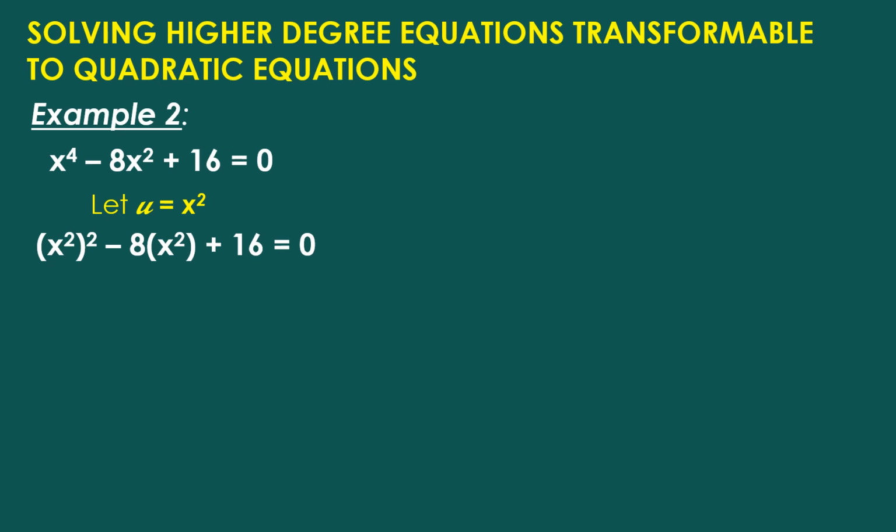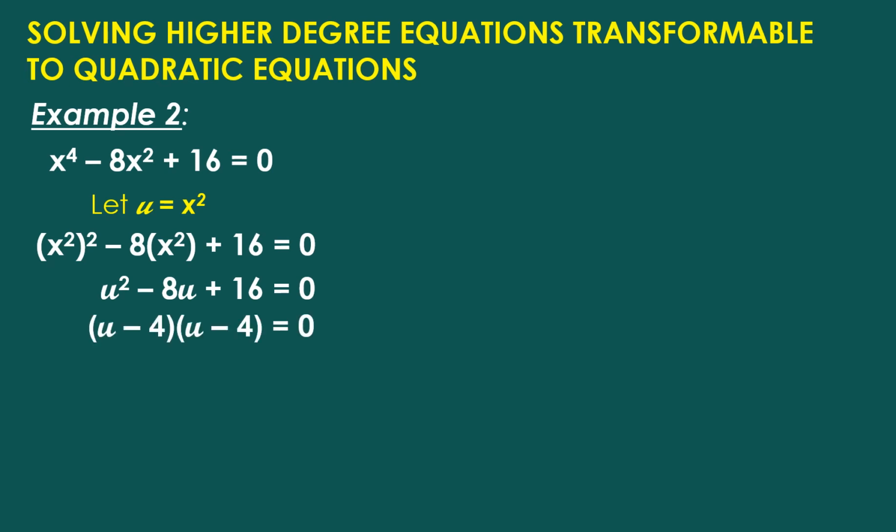Again, u here is equal to x squared. So when you substitute it, it will have u squared minus 8u plus 16 equals 0, which is already a quadratic equation. Now, we can solve this through factoring.